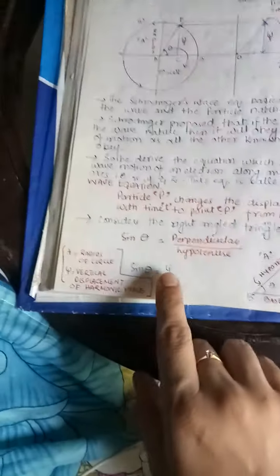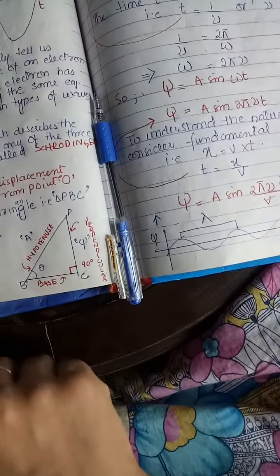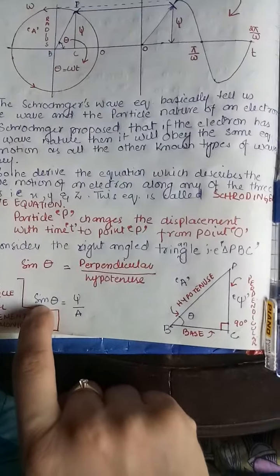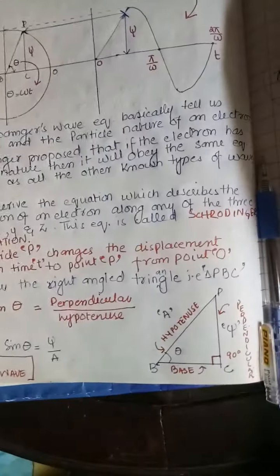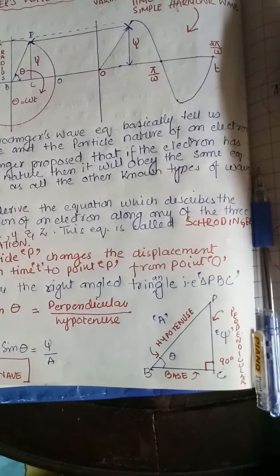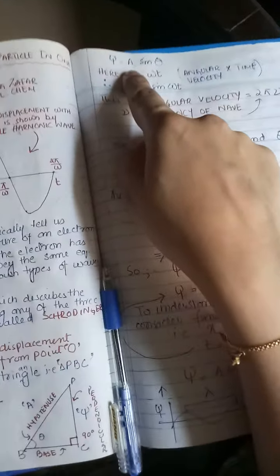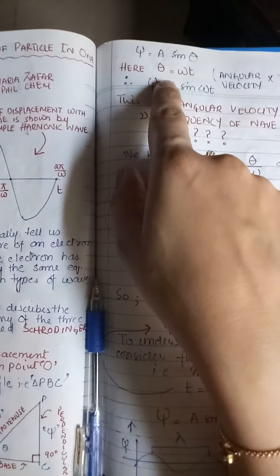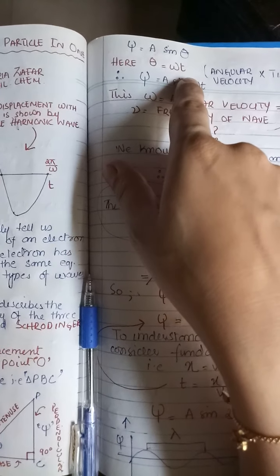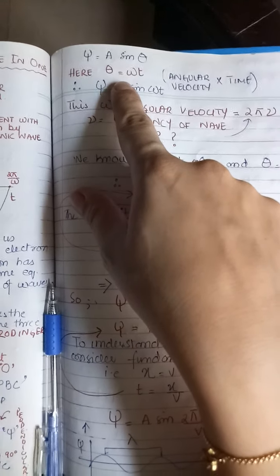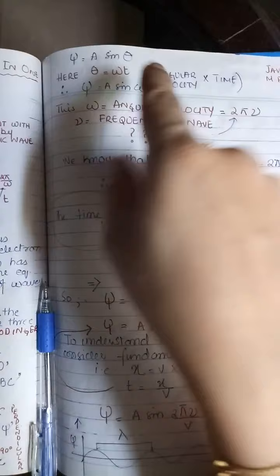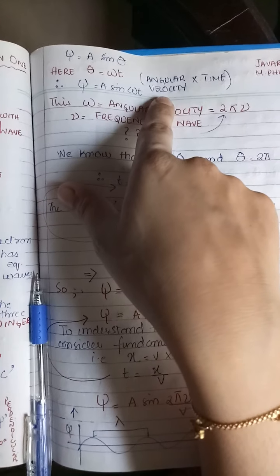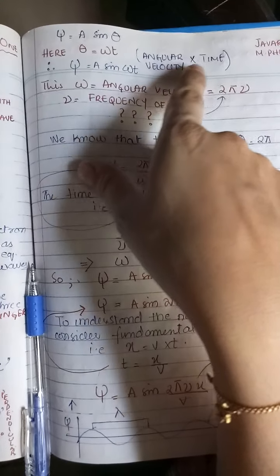If we rearrange this equation, moving A to the other side, the wave function psi will be equal to A sine theta. Here theta is equal to omega t, where omega is the angular velocity in radian per second and t is the time.